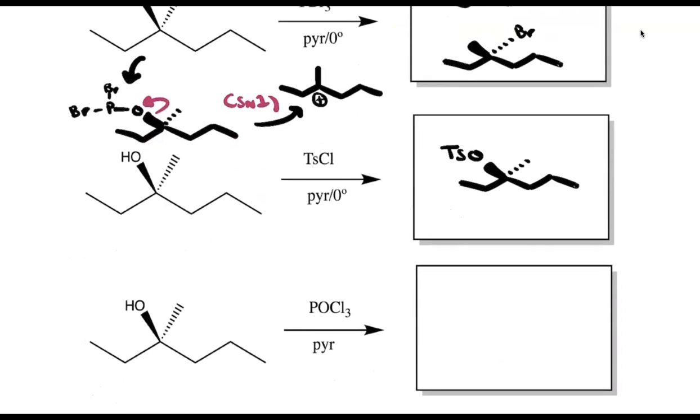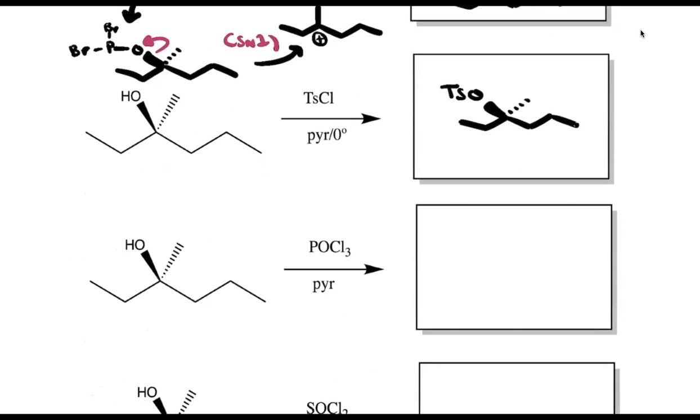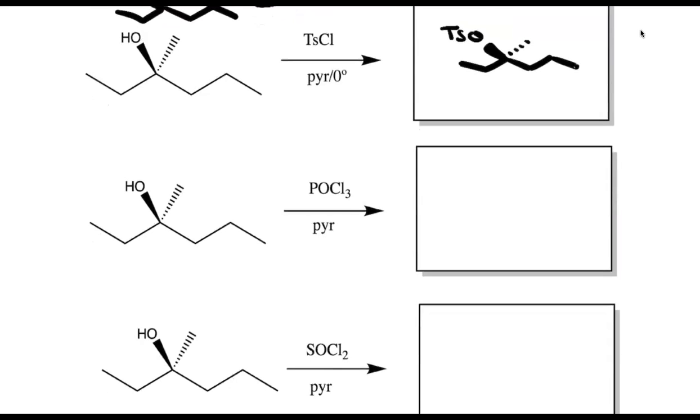Okay. Now for this one, POCl3, pyridine. Do you remember what that reaction does? Elimination. So E1 here. This one would actually just be an E2, because the base that you use is not that bad.